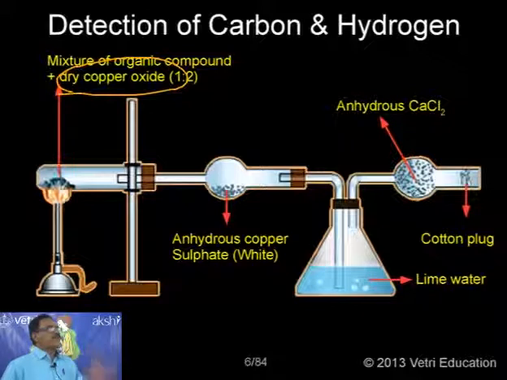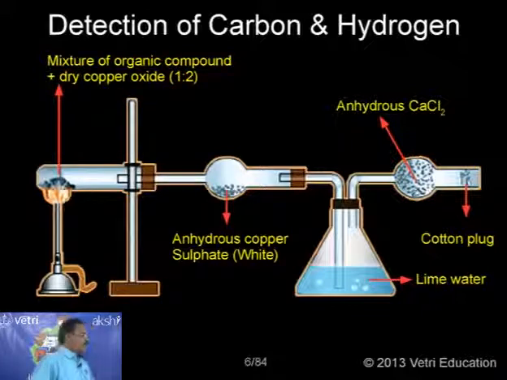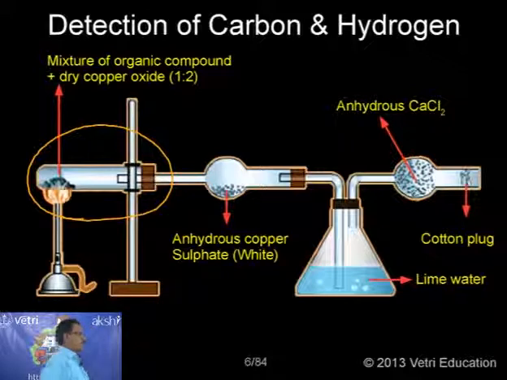So by testing the presence of carbon dioxide and the presence of water, we are able to say there is carbon and there is hydrogen. Here, the apparatus used, what we are seeing, is a hard glass tube. This is the part containing a mixture of the organic compound plus excess of dry copper oxide.